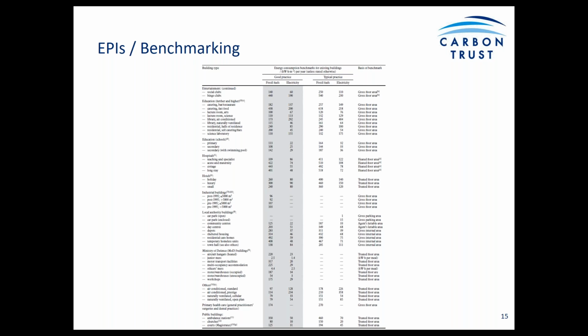So, for example, lighting, cooling, ventilation, IT systems and server rooms, even catering facilities are all given benchmark kilowatt hours per square meter figures that you could potentially compare your own consumption against to see where you stand in the wider scheme of things.